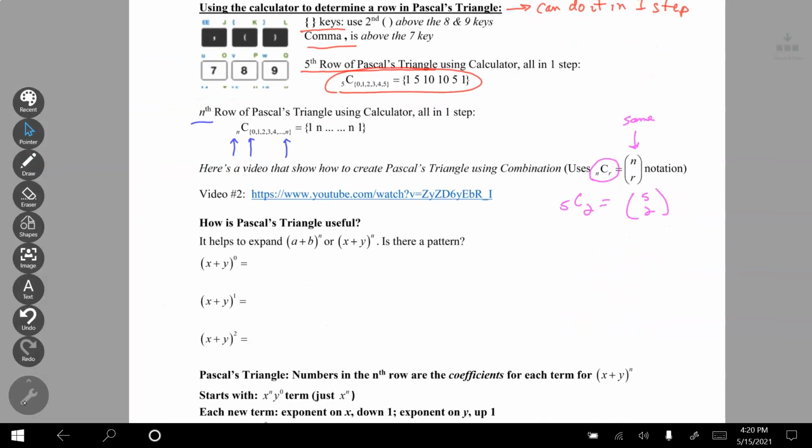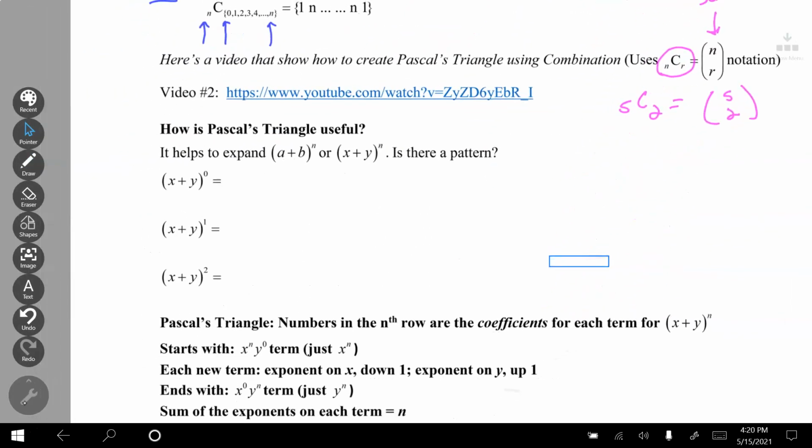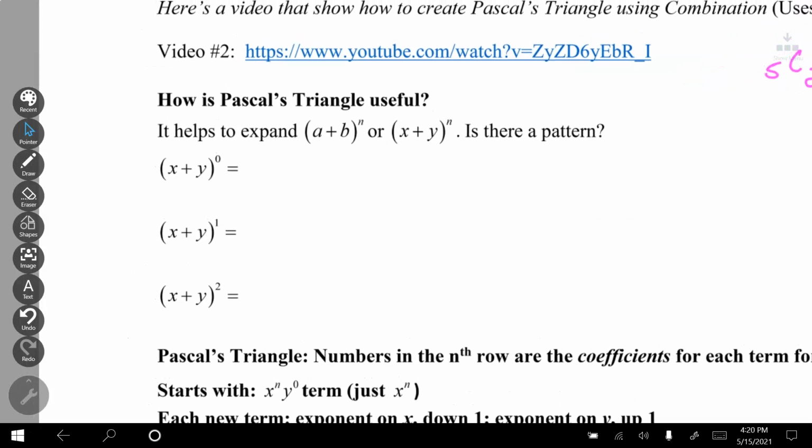So why do we use Pascal's triangle? Well, let's see if it's helpful for this pattern. Let's do a plus b to the n or x plus y to the n. It's all the same thing. So x plus y to the 0 power, I hope everyone knows that is equal to 1. And x plus y to the first is really just x plus y.